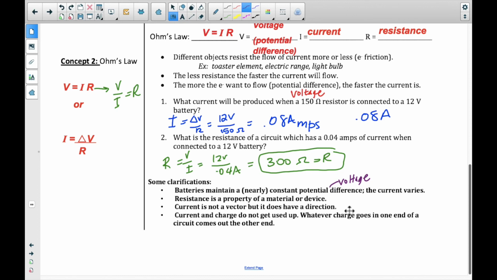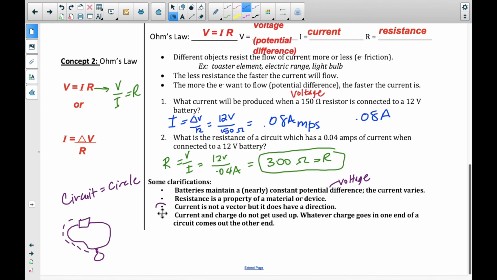Another thing, current is not a vector, but it does have a direction. When we're talking about circuits, do you know that the word circuit just means circle? So if I make a circuit, I'm making a circle. You will have a battery set up and there will be electrons flowing all the way around, and they create a circuit.